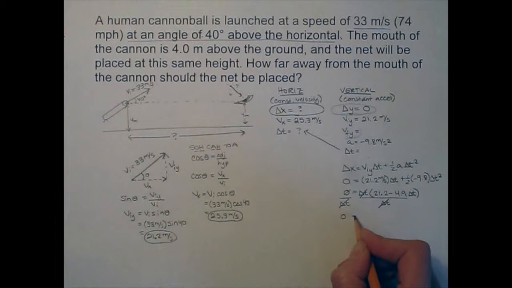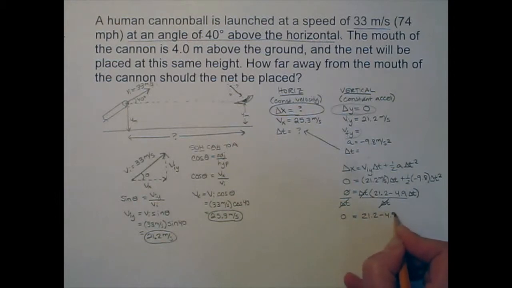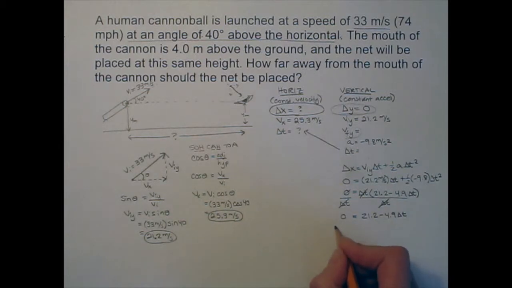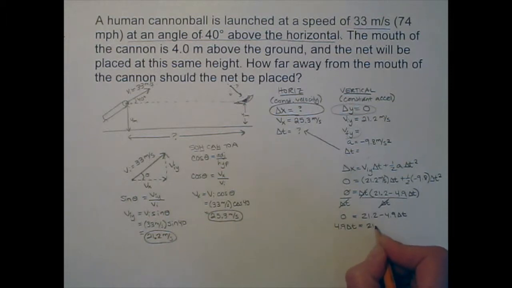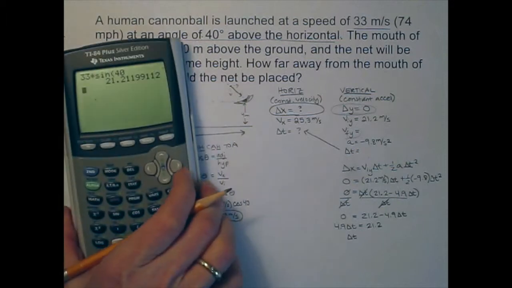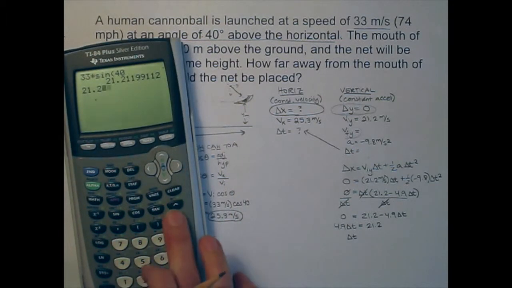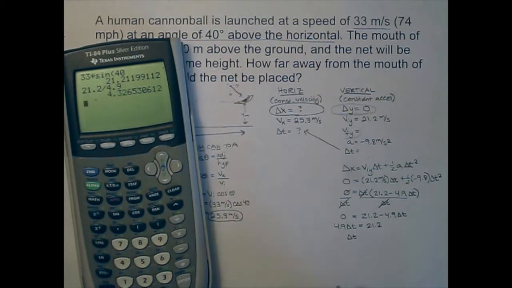And that gives me 0 equals 21.2 minus 4.9 delta t. And let's add 4.9 delta t to both sides. And now divide both sides by 4.9, which gives me a delta t of 4.3 seconds.